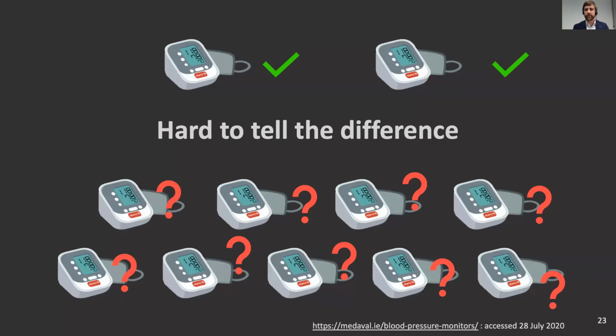There's not much difference between these. And when someone who's looking to buy a device goes to a shop or looks online, it can often be hard to tell. There's not much reliable information on the actual validation status of a device. So what we have done is create these resources to try and give a step-by-step guide as to how you can identify if a device that you might be looking to purchase or use in clinical practice is validated for accuracy. Next slide, please.